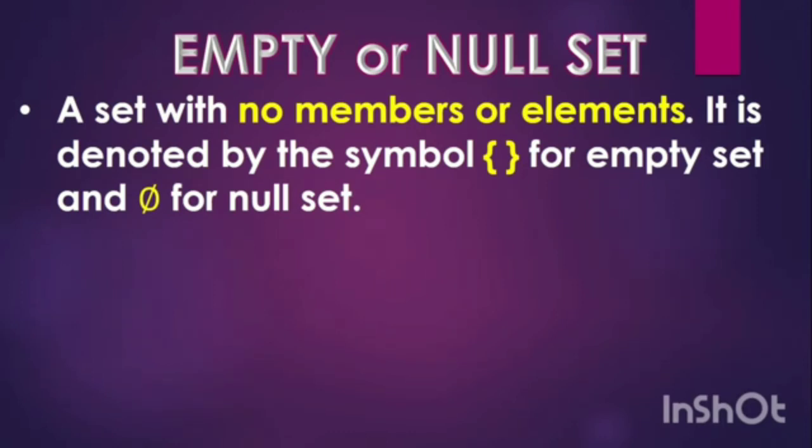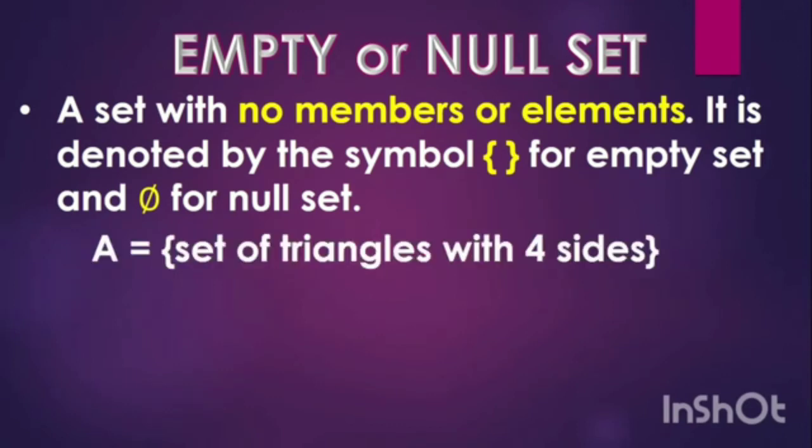What are the examples? Set of triangles with four sides. So, set A is the set of triangles with four sides. So, meron tayong iba't ibang klase ng triangles. Meron tayong equiangular triangles, equilateral triangles, isosceles, scalene, right, obtuse triangle, acute triangle.